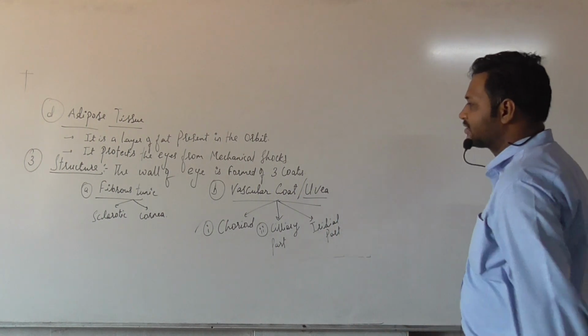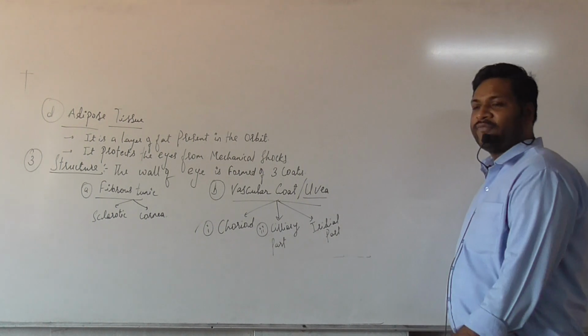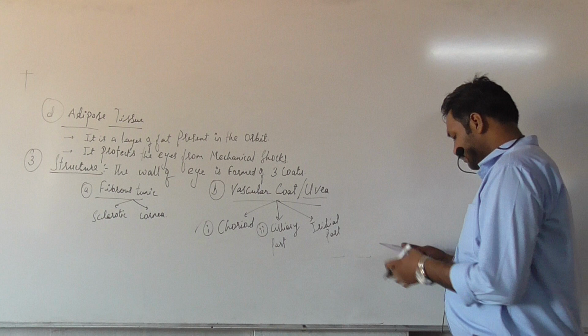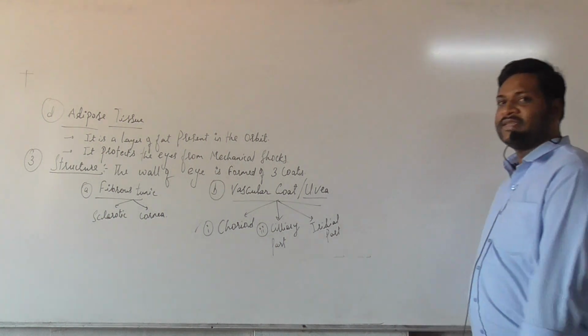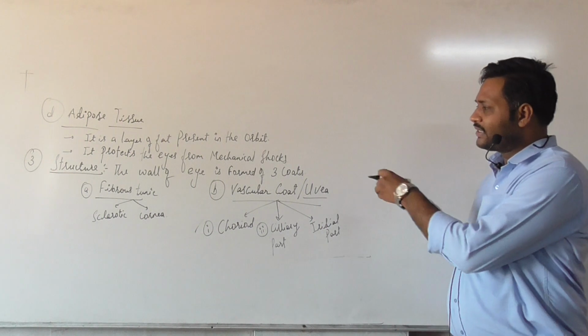Now this is what the structure is. And this iridial part is further divided into muscles, that is, the sphincter muscle and the dilator muscles. So these are the basic two coats.